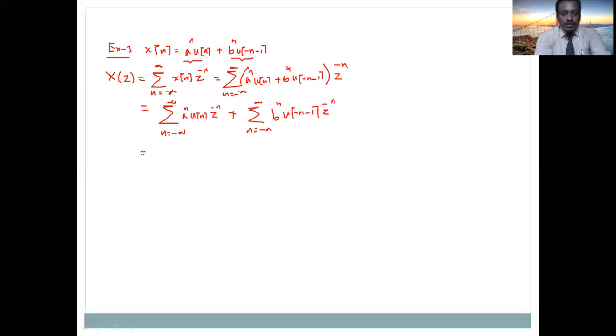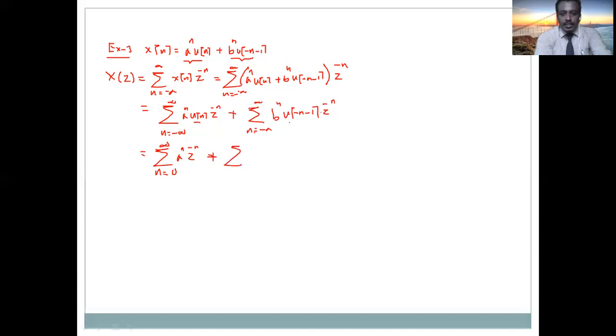Now, from our first example, if your signal is causal, right-sided, multiplied by u of n, the summation starts from 0 up to infinity, because u of n is 0 for negative values. So it will be a to the power of n, z to the power of minus n, plus, how about this summation?